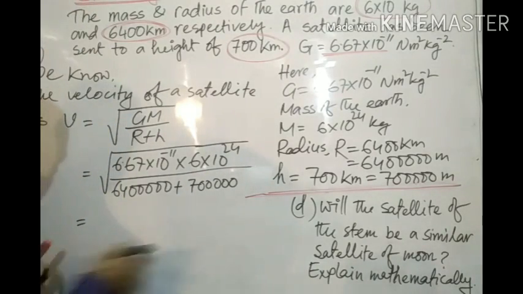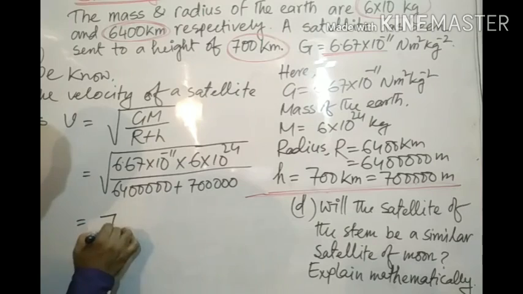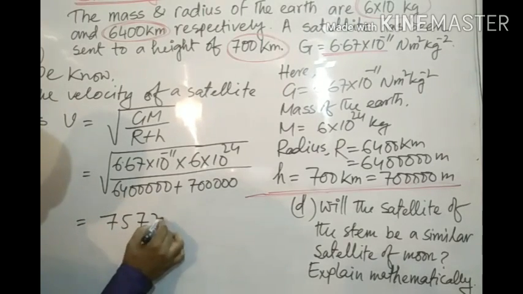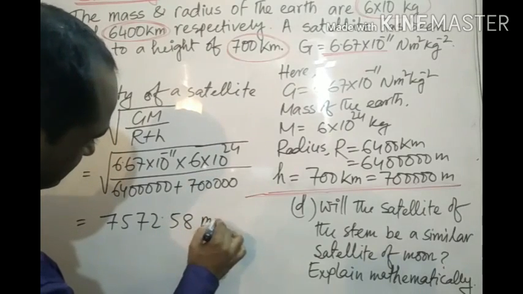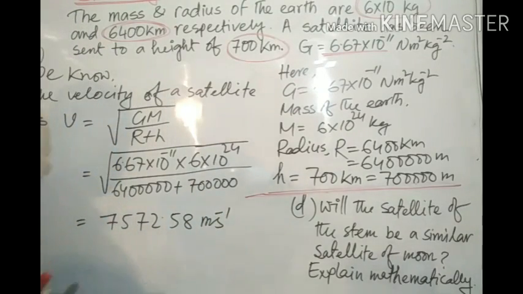After the final calculation we will get 7572.5 meters per second. So this is the velocity of the satellite.